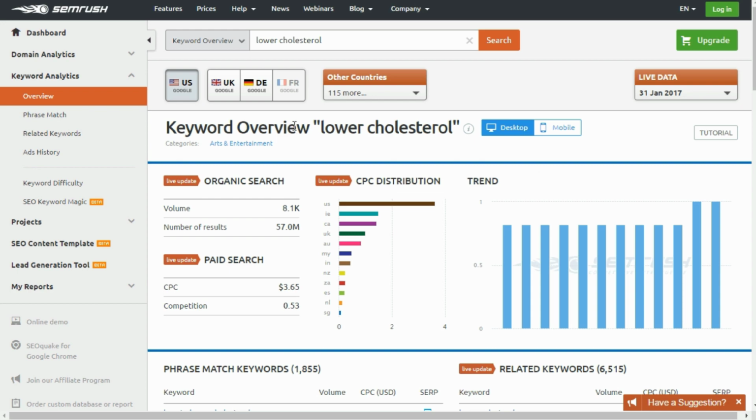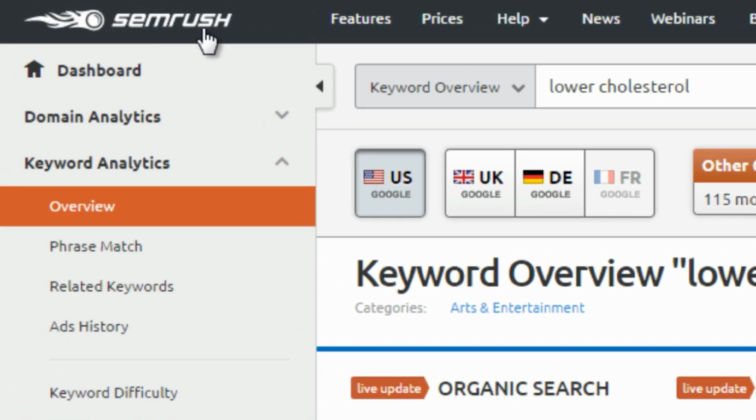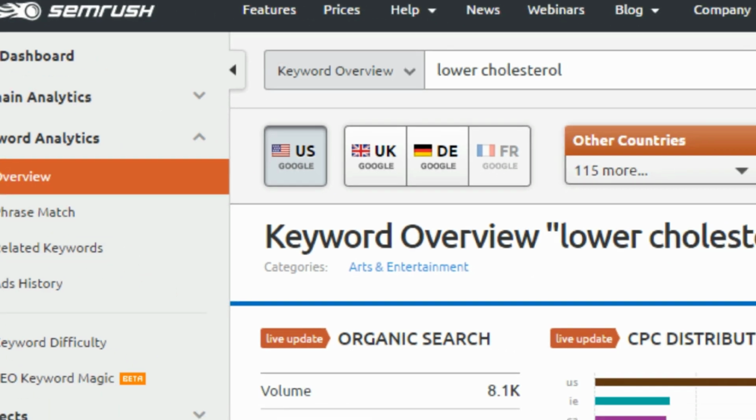As you can see here, I went to SEMrush.com, and in the keyword overview I typed in lower cholesterol, following the topics we've been talking about earlier.